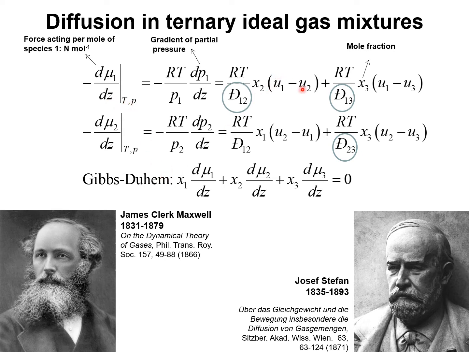This is balanced by the friction component 1 experiences in undergoing a relative motion with respect to species 2, and the friction it experiences in undergoing relative motion with respect to species 3. Similarly, we can write an expression for the force acting per mole of species 2 and relate it to the friction between 2 and 1 and between 2 and 3.